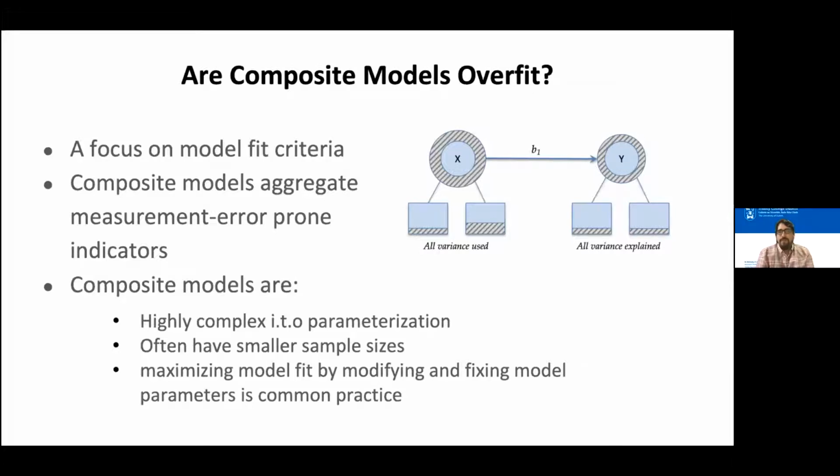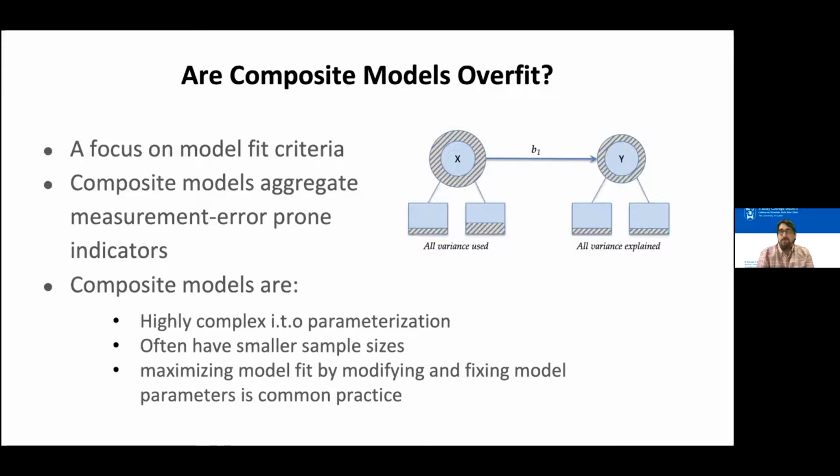Now, if the measurement error is systematic across our data sets, such as if it's related to a particular instrument or the application of the instrument, the composite-based technique would tend to overfit those structural path coefficients, shown as beta 1. That is to say, some portion of that path would be related to the signal and some to the error.